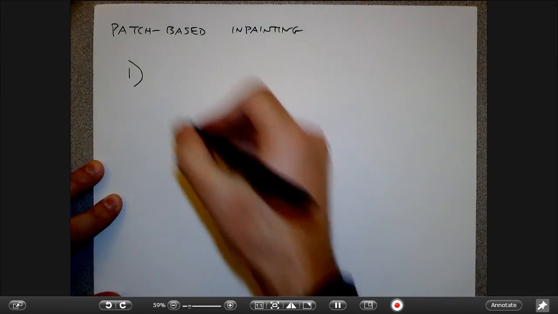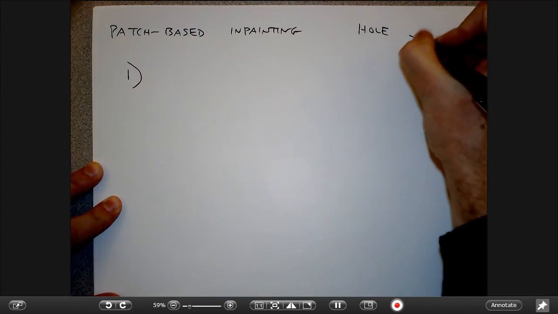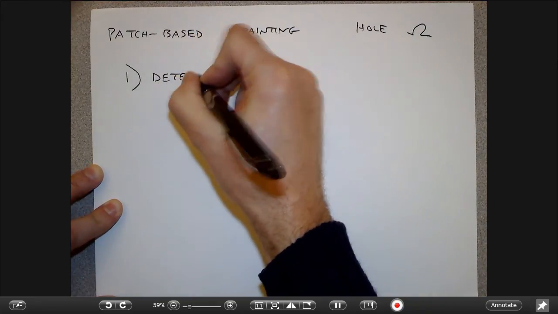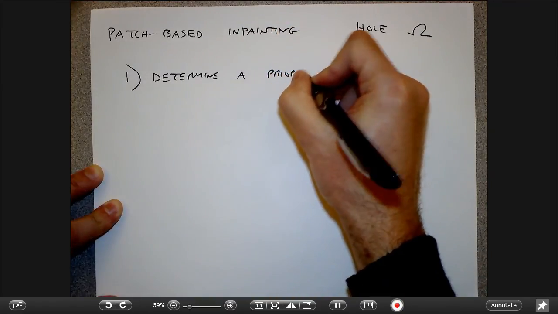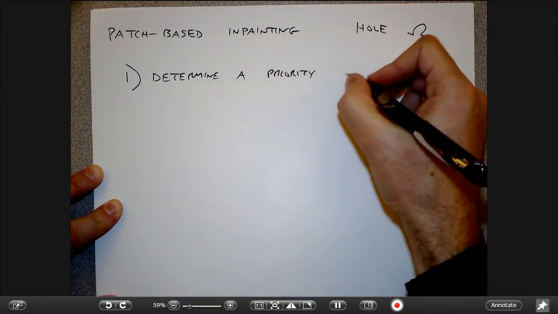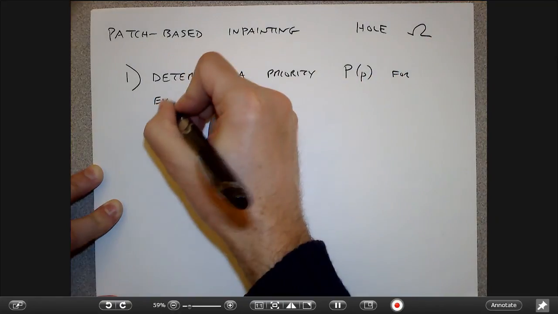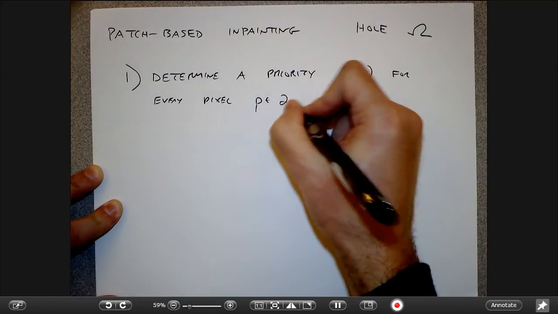So basically, I have my hole I'm going to call omega. And the first step is basically determine a priority, let's call it P of p, for every pixel on the boundary, right?